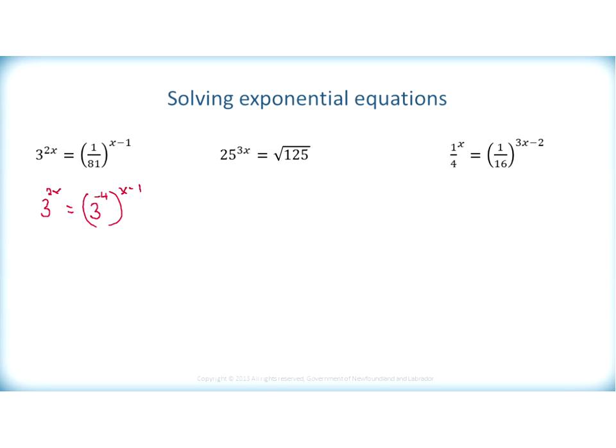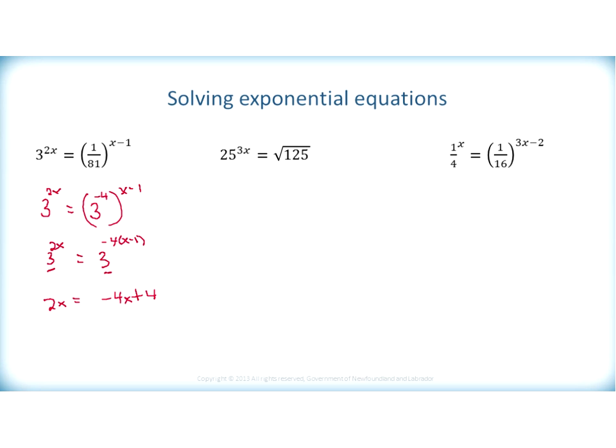So I would continue. 3 to the 2x would equal 3 to the negative 4 multiplied by all of x subtract 1. So here, since the bases are the same, we would have 2x should equal negative 4x plus 4.